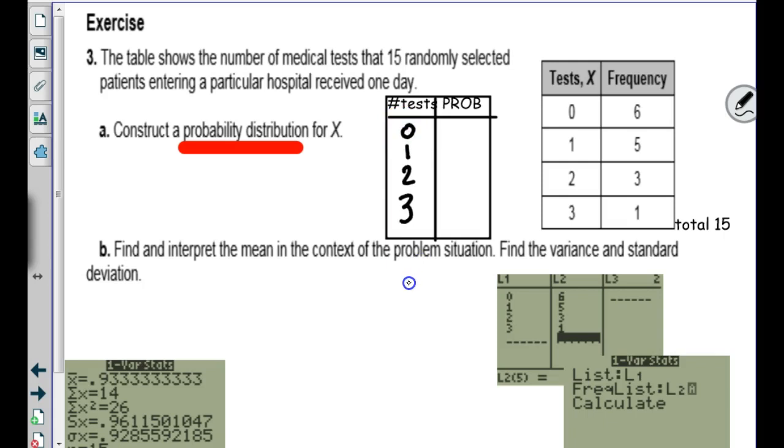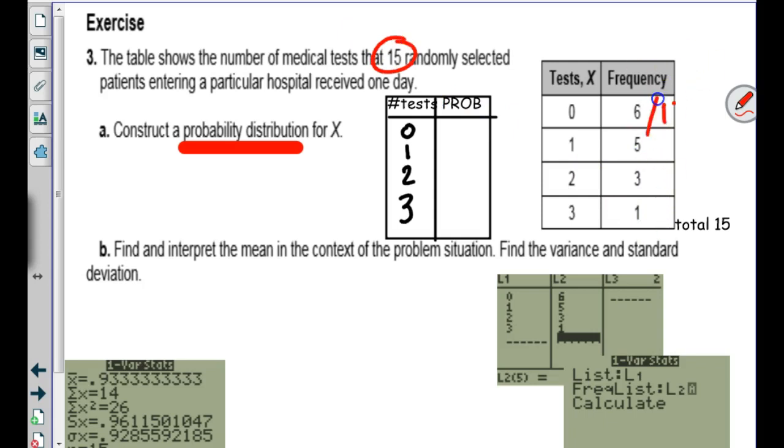Anybody? How do we change those to a probability? How many people did we ask? 15. So what do we do with each of these numbers?